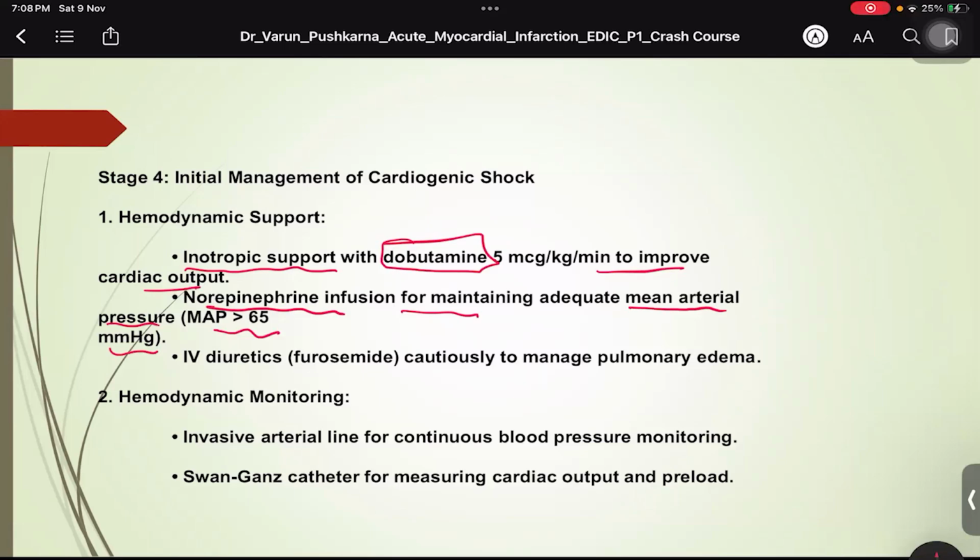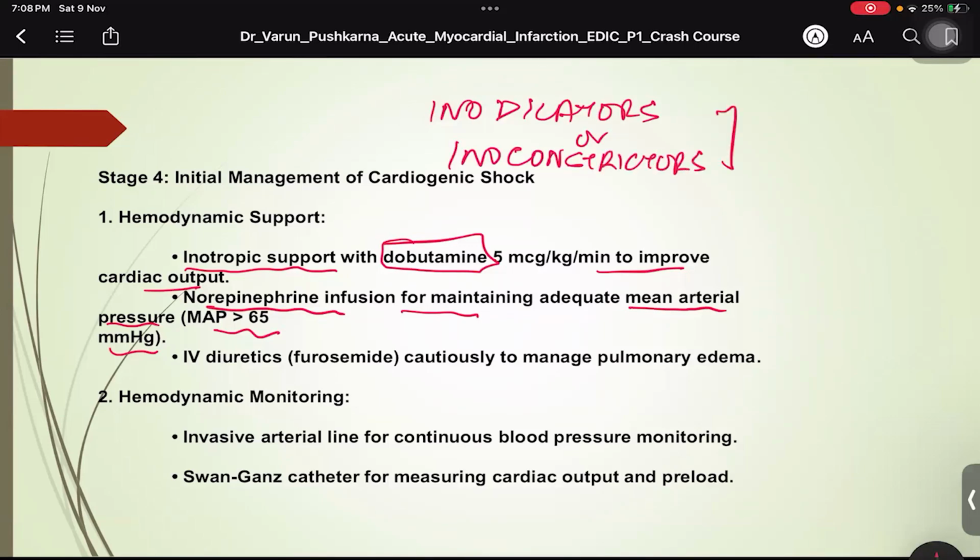So you need to have these patients on inodilators or on inoconstrictors, depending on the blood pressure of the patient.